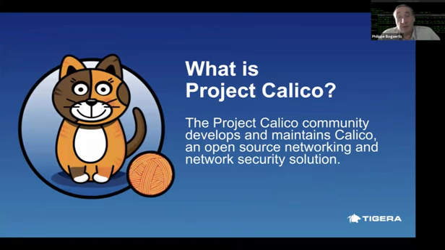But today we're going to talk about Calico. So what is Calico? Calico is a community-based effort supported by Tigera. And we are in the business of open source networking, as well as open source network security.